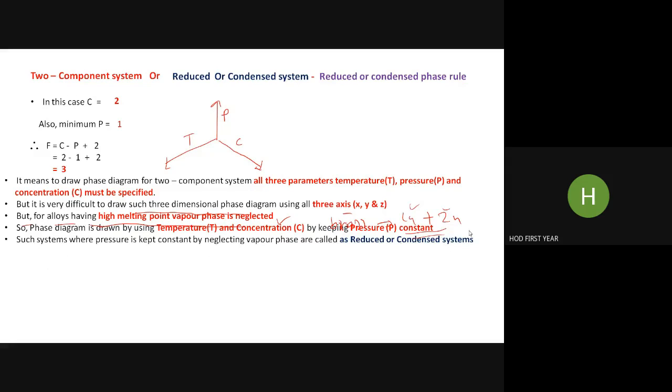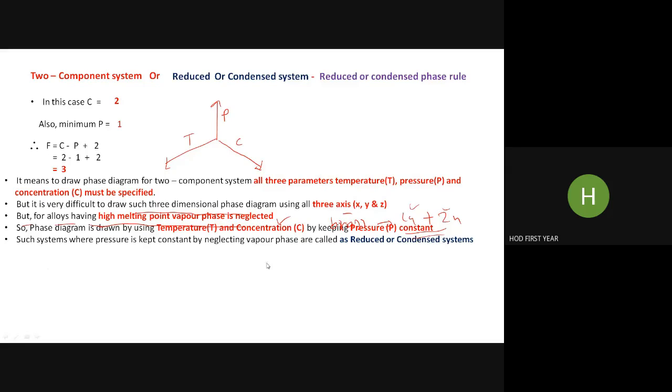All such alloys, here in this case it is brass, it may be steel, it may be bronze, several alloys we use in engineering. While studying all these systems, the vapor phase is neglected because we keep pressure constant. Vapor phase is not there practically, because melting point is very high.